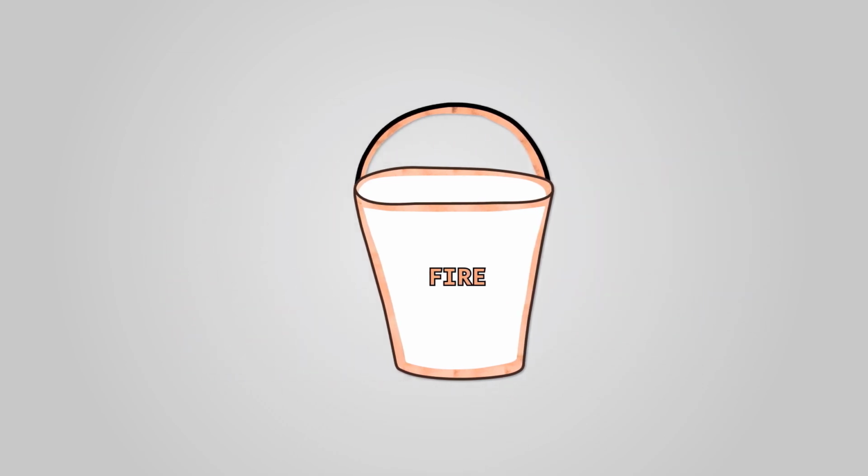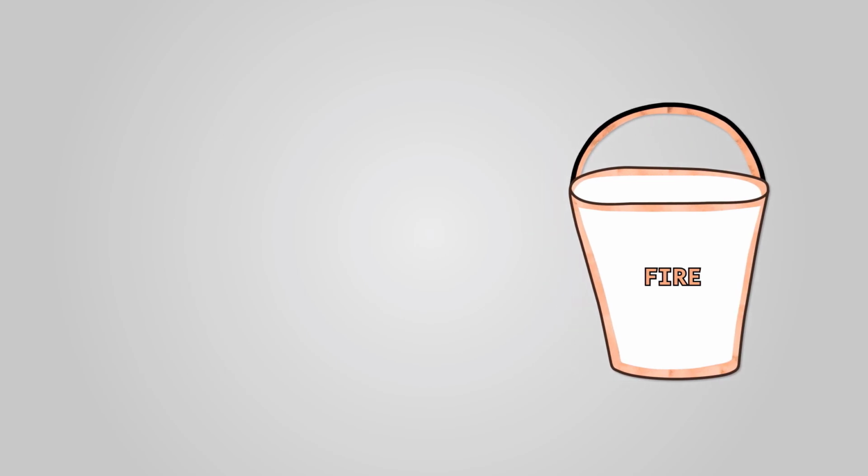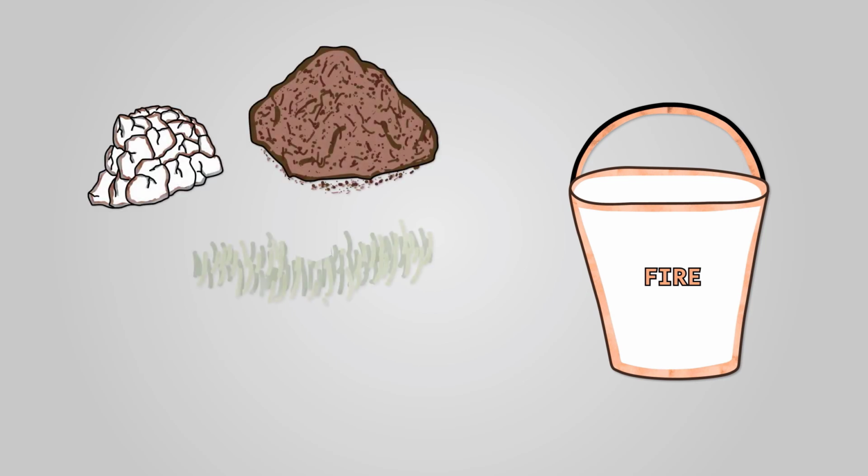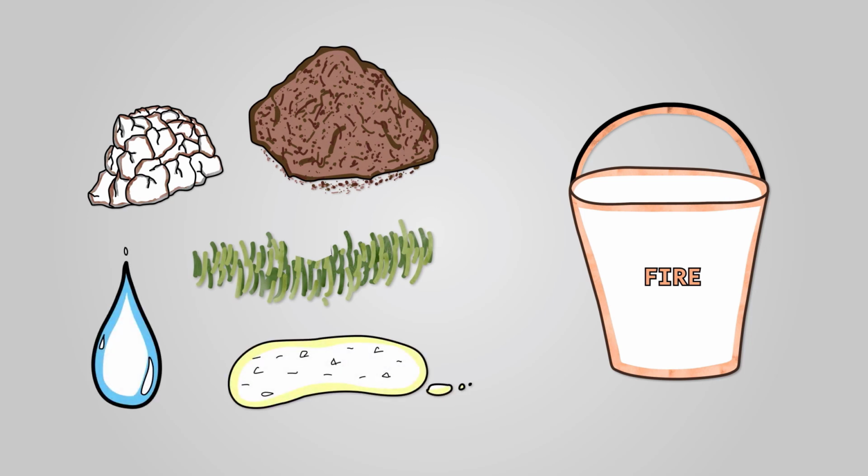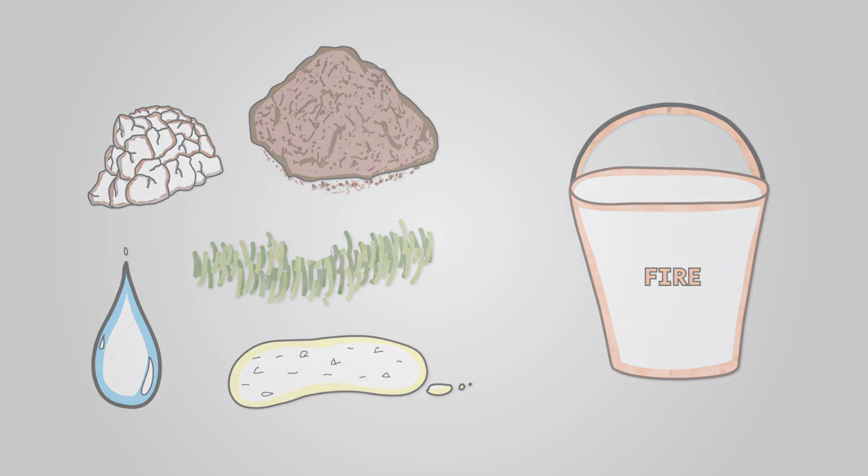Pretty much everything we want to store in buckets can be grouped in categories that describe what we are putting in the bucket. Examples of things we could put in buckets include rocks, soil, grass, water, sand, and so on. Data is broken into categories that define the type of data we are storing. These are called data types.